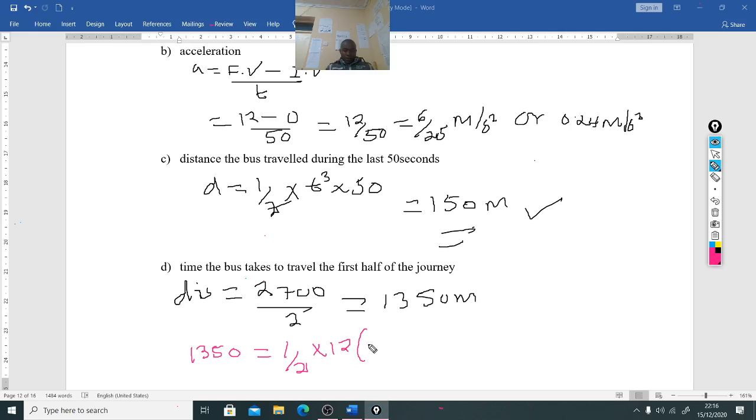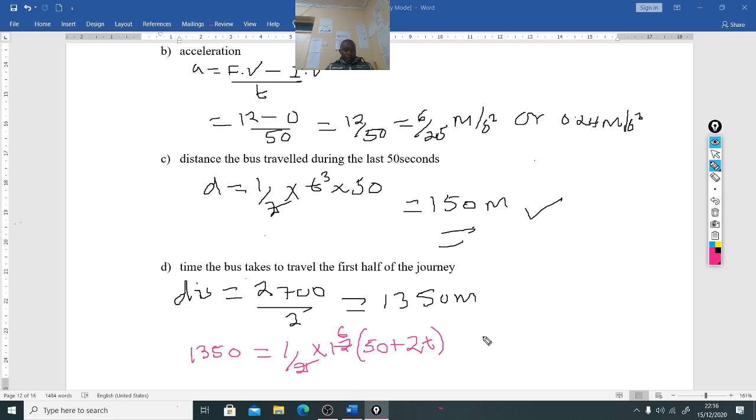Our a is 50 plus 2t, so 50 plus 2t. So we shall have 300 plus 12t. So we shall have 1350 minus 300.